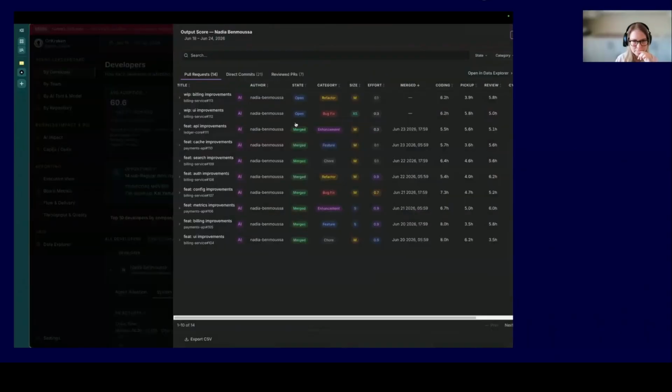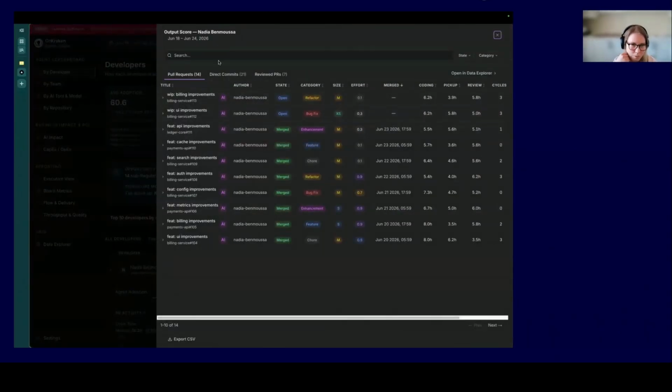So these are all the changes that are coming from a developer, and you can see that this is PRs, this is direct commits, and this is the work that has been reviewed by the developer, because right now this is a big contribution to the work that developers are doing.